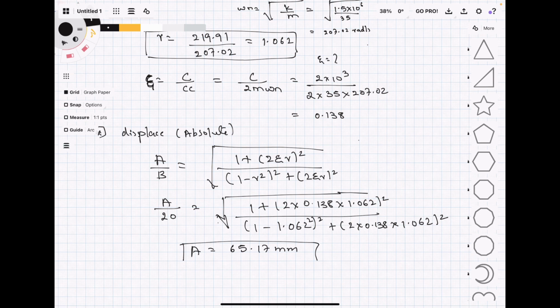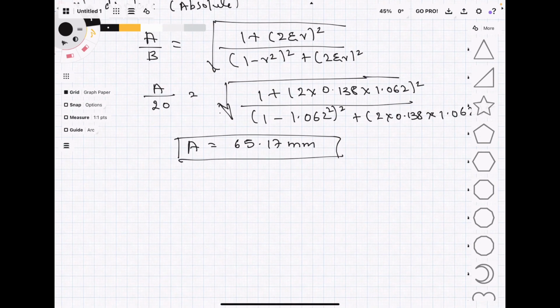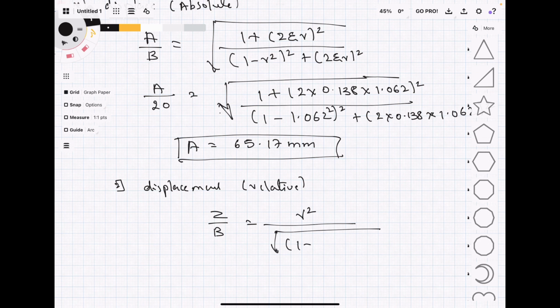Similarly, if you solve it with the help of the second case, that is the relative displacement or amplitude, z by b is given as r square divided by square root of (1 minus r square) the whole square plus (2 zeta r) the whole square.